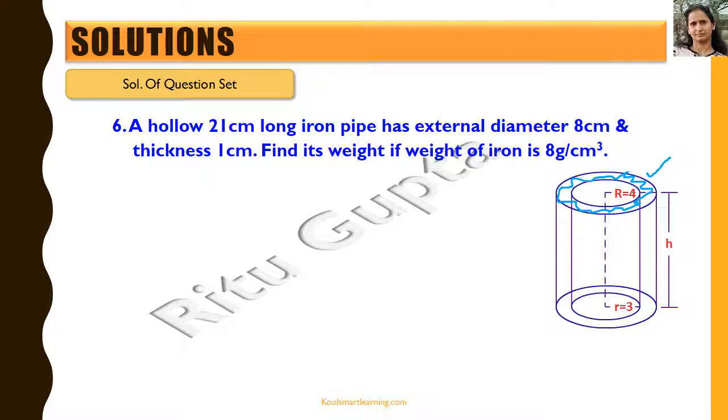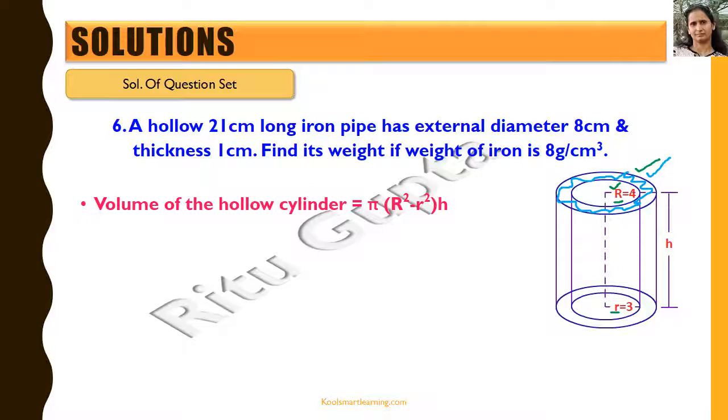So we need to find out the volume of iron used in making such a pipe. So the volume of this pipe will be equal to the volume of the external cylinder minus the volume of the internal cylinder. We take the external radius to be capital R and internal radius to be small r.